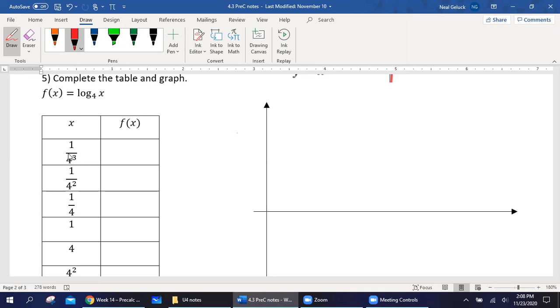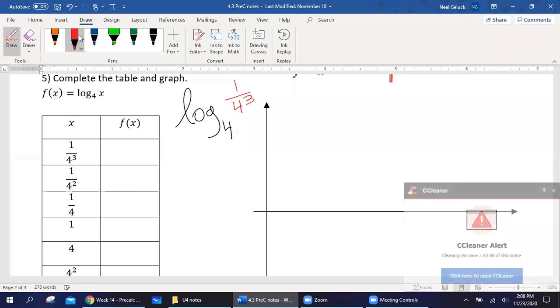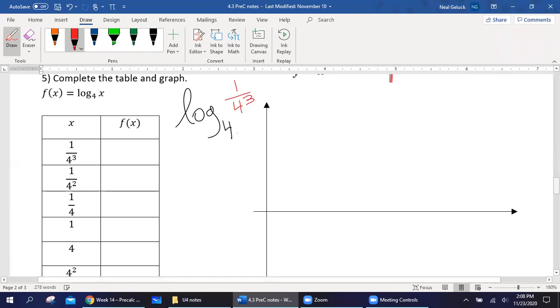So if I put in 1 over 4 to the third for x, the log base 4 of 1 over 4 to the third. Think about the loop-de-loop.